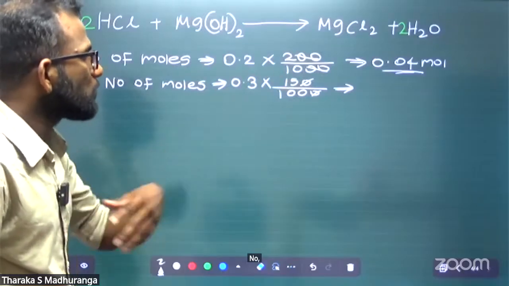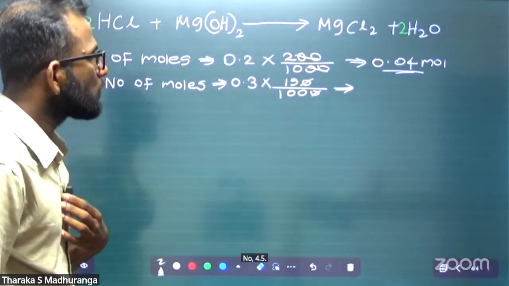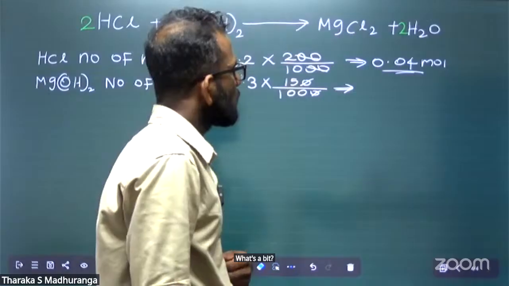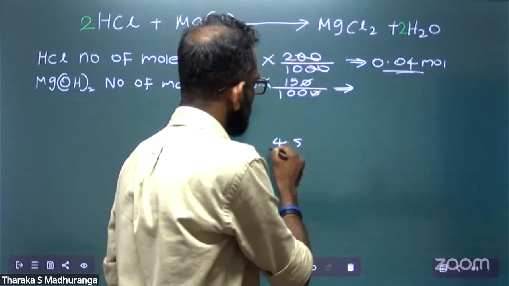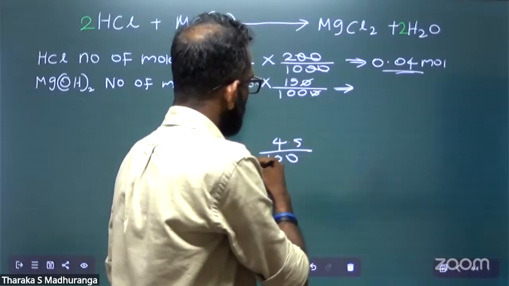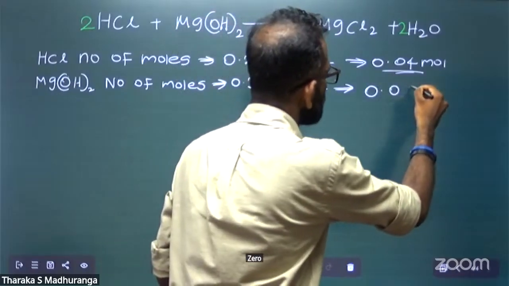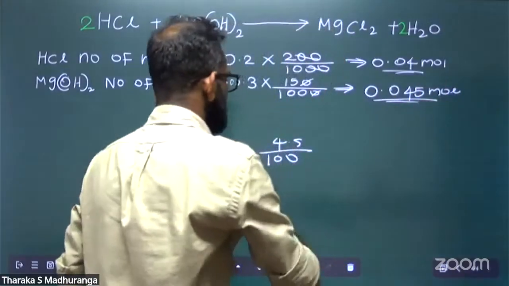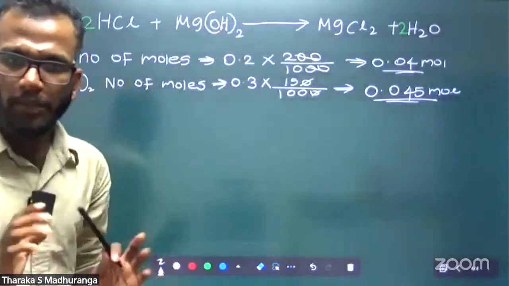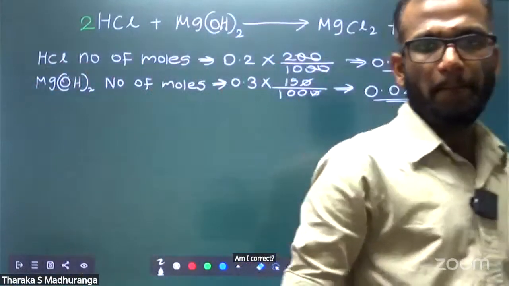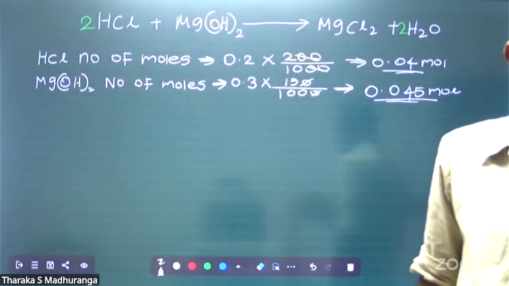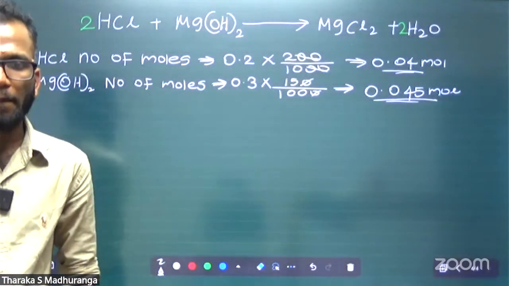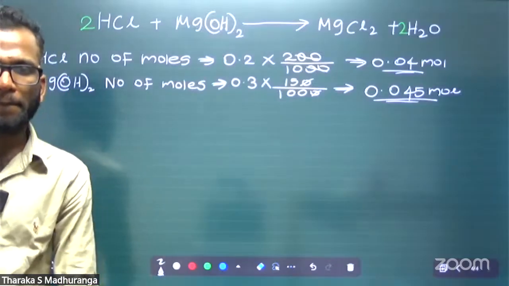No, 4.5. 4.5 divided by 100. What's the value? 0.045. Am I correct?